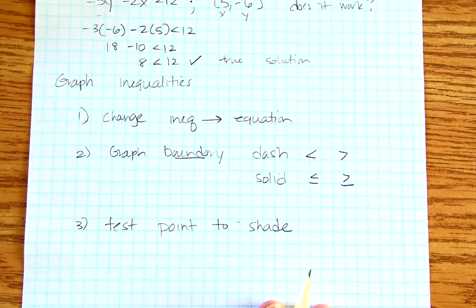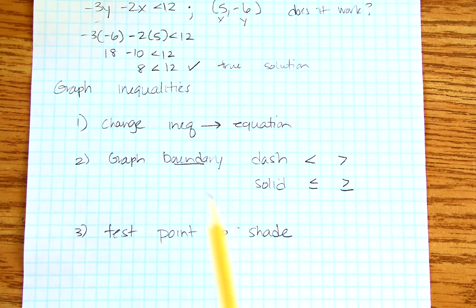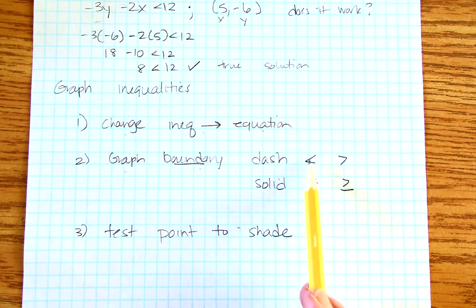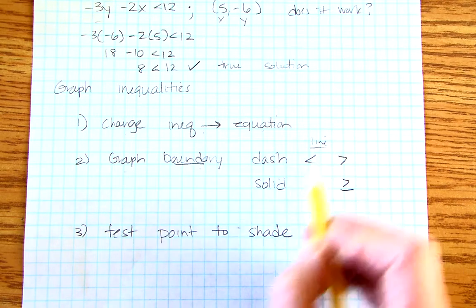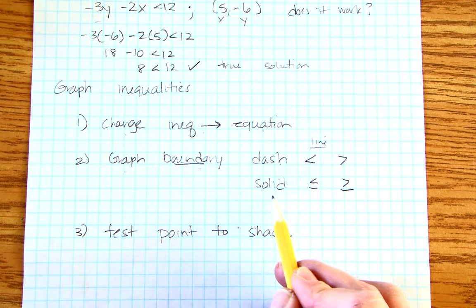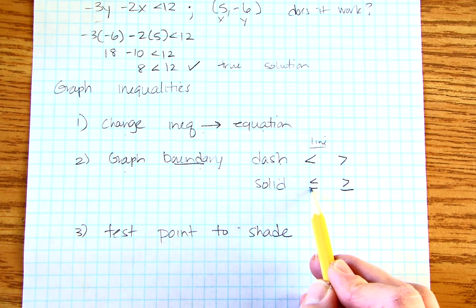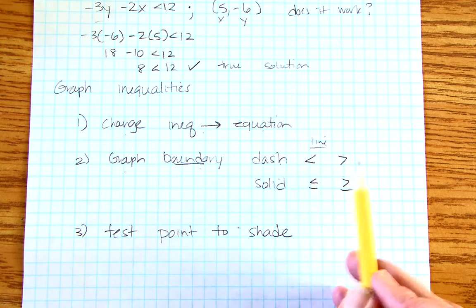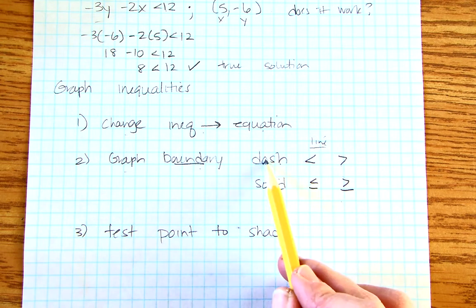The next thing we're going to do is really the meat of this section, and it's about graphing inequalities. Change the inequality to an equation in order to graph the boundary. The boundary will be a line that is dashed if you have less than or greater than, and solid if you have less than or equal to.